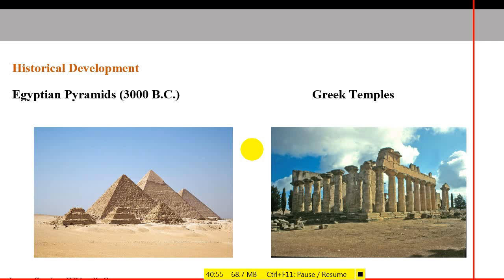We have used different materials. When these were being constructed, you had only limestone and granite. Then in the 19th and 20th century, we invented cement and steel, and we are using cement and steel now.